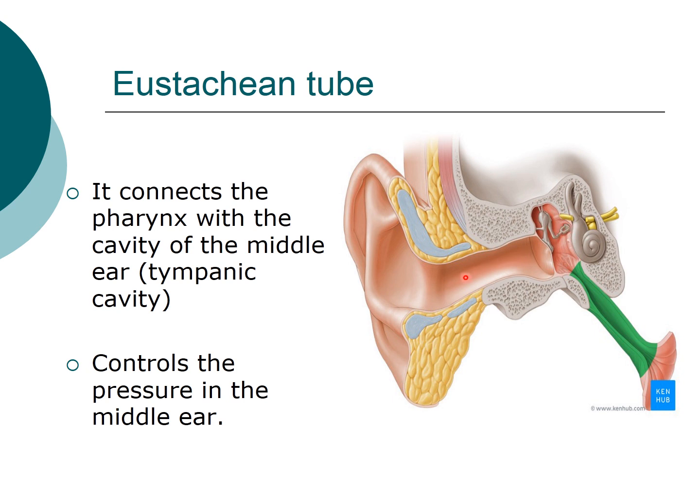This is the ear. This is the middle ear, or the tympanic cavity. So the tube connects the pharynx with the middle ear cavity or the tympanic cavity. It has a function. It controls the pressure of air inside the middle ear cavity.